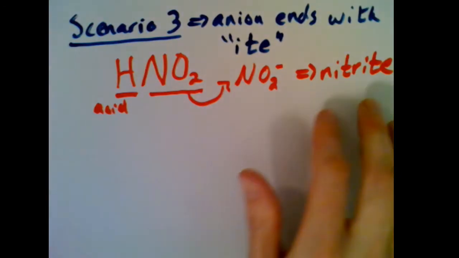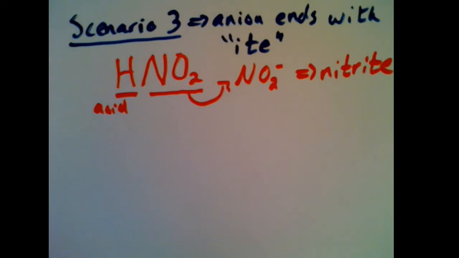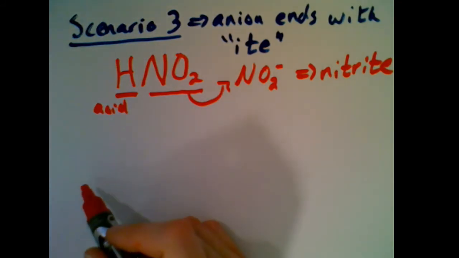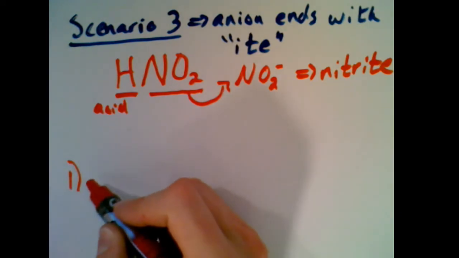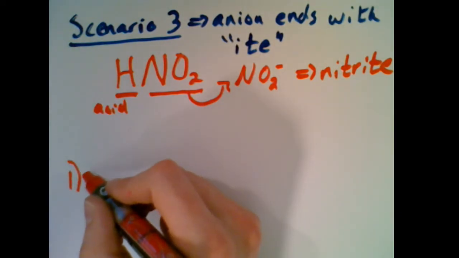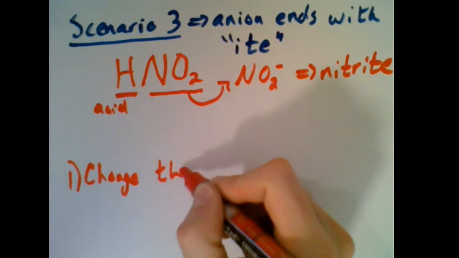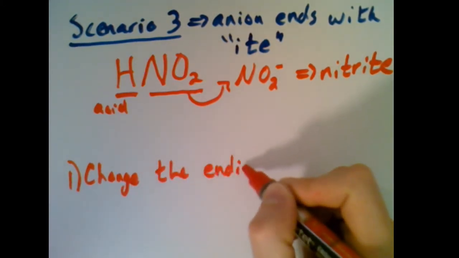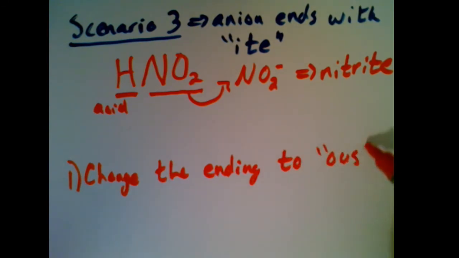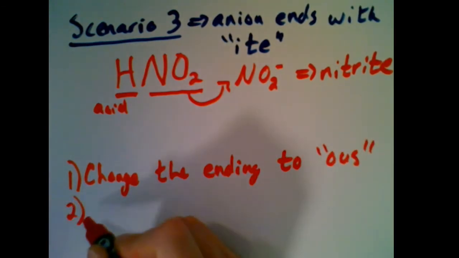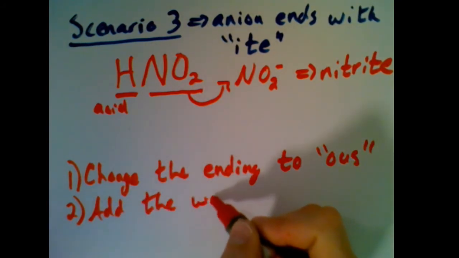So nitrite, because it ends with ITE, we're going to follow a different set of rules. What we're going to do is change the ending to OUS, and then we are going to add the word acid.